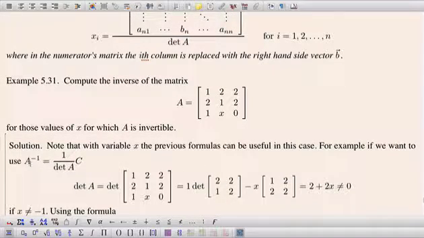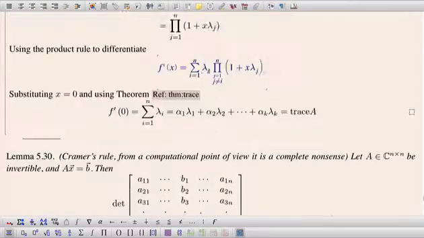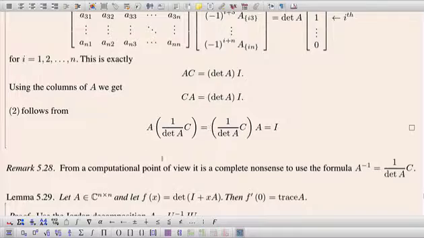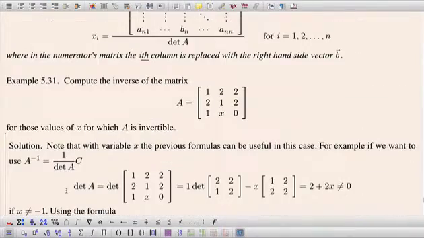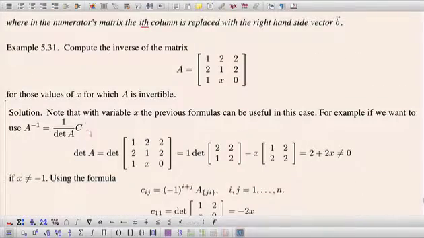The formula says that we can calculate the inverse using the reciprocal of the determinant times the C matrix. First of all, of course, the determinant of A shouldn't be 0, so let's calculate the determinant. I use the last row because there are two non-zero entries and the last entry in the last row is 0.